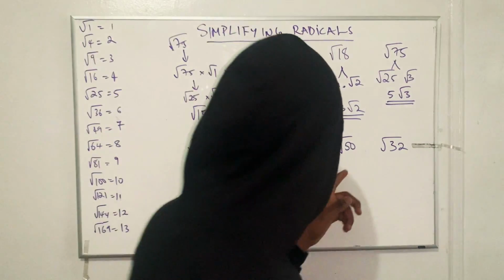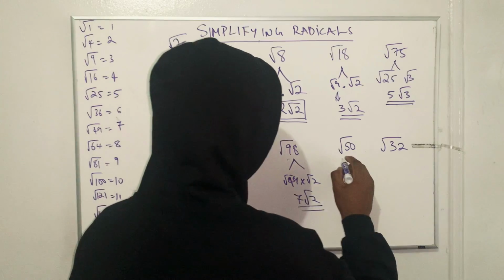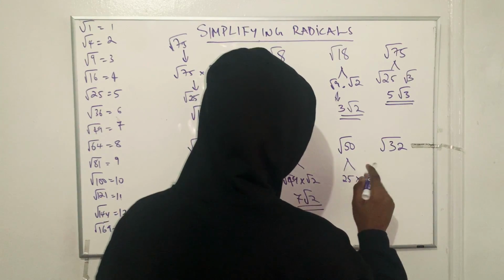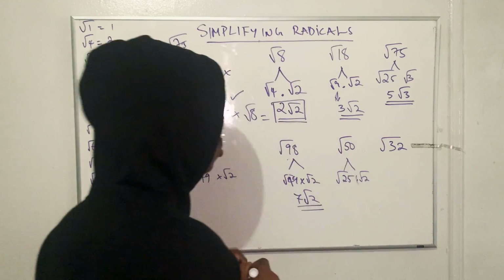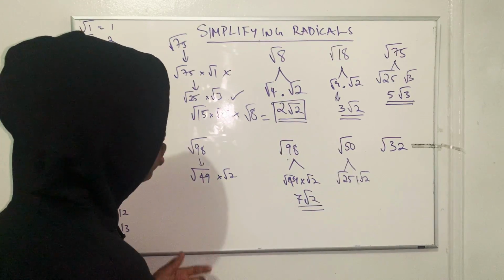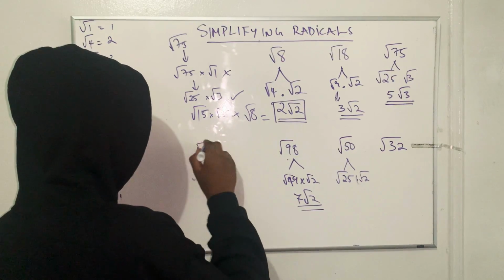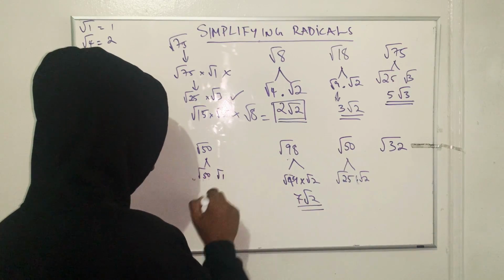So what about 50? Of course, we know 25 times 2 is 50. So 25 times 2, the square root of 25 times the square root of 2. We know 50 times 1 won't work, and we know 5 times 10 won't work. Let me write it down here. We have 50 times 1, which we know won't work.